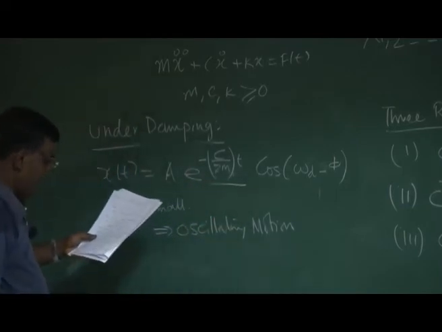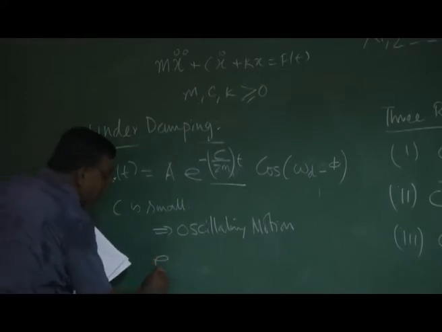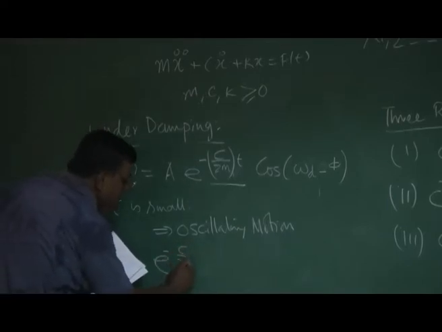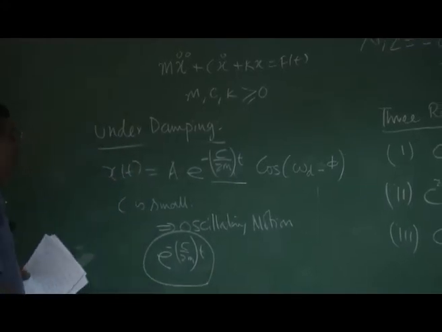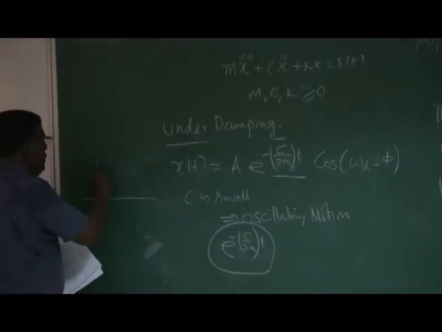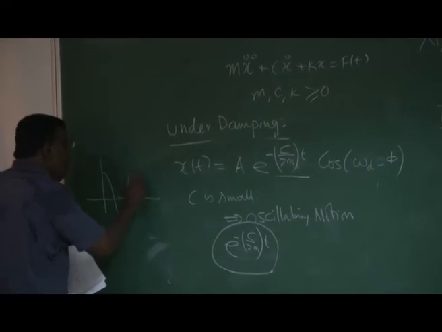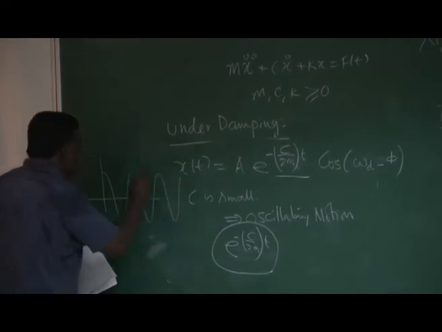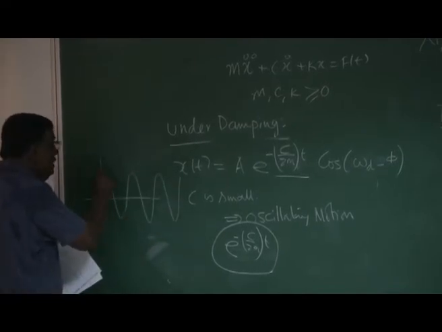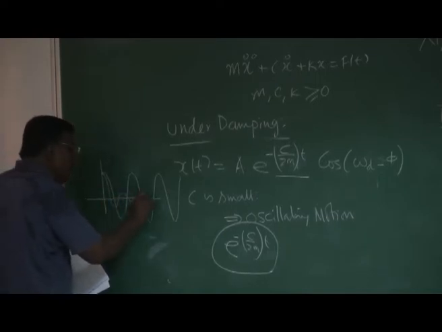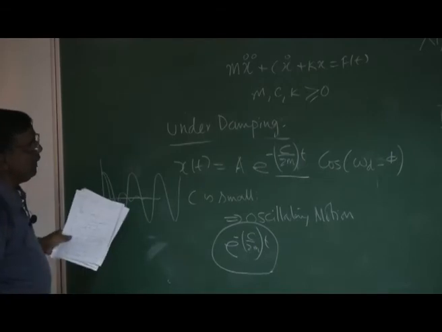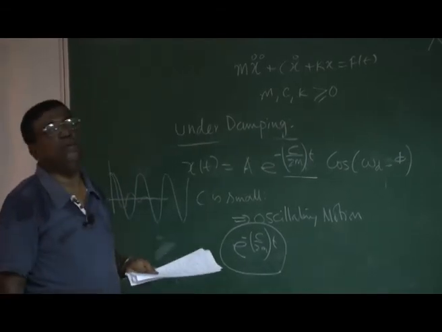And this e to the power minus c by 2m t is actually the damping contribution, although if c was 0, the motion would be like this. With small c damping, what will happen? The amplitude will go on decreasing and it will come back to the equilibrium.